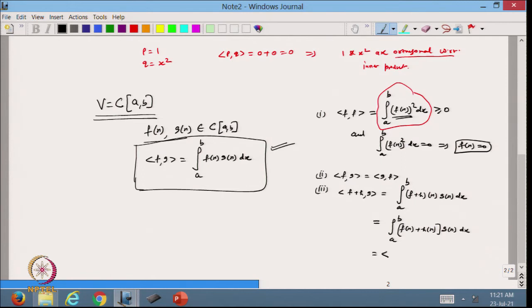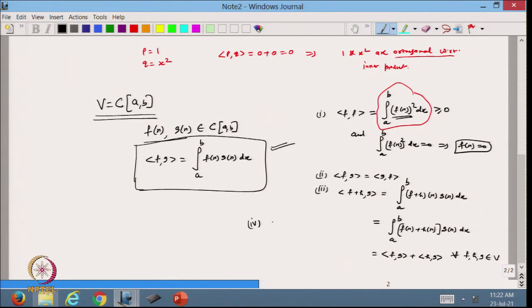This one we can write as the inner product of f with g plus the inner product of h with g. This is true for all f, h, g belonging to the vector space we have defined here. So, the third property is also satisfied.